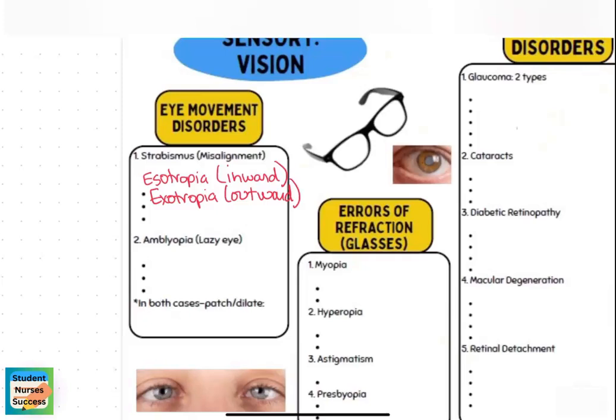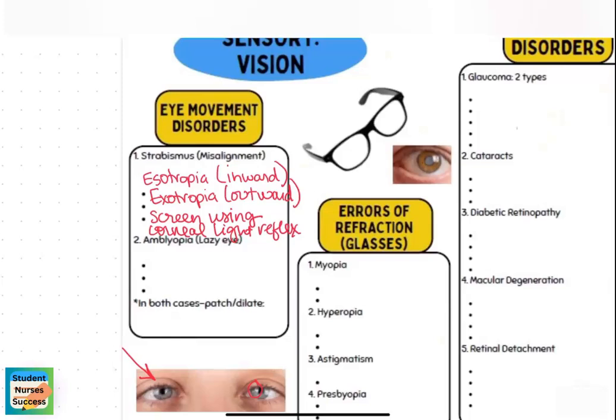You can screen for this using a corneal light reflex. When you flash the pen light, the reflection on the pupils will be in different locations, and that will tell you that the eyes are not aligned. You can actually see this on this picture below. You can see that this one reflex on that one eye is not on center.